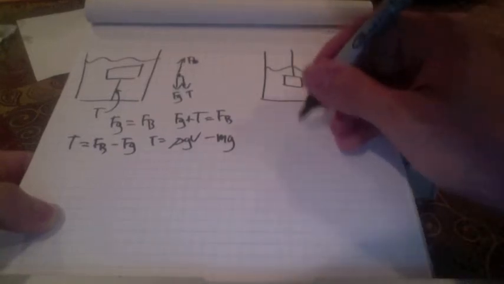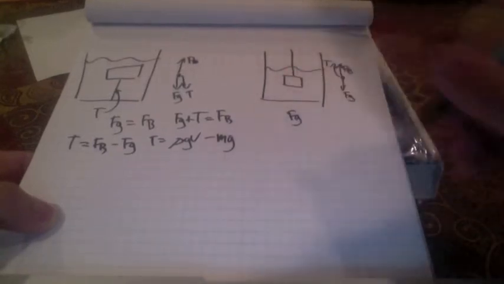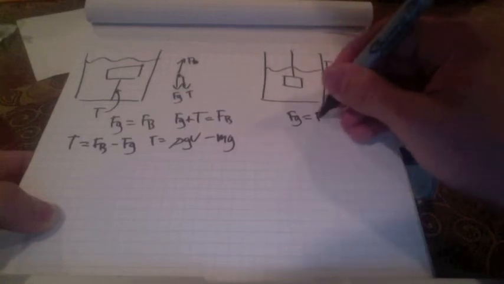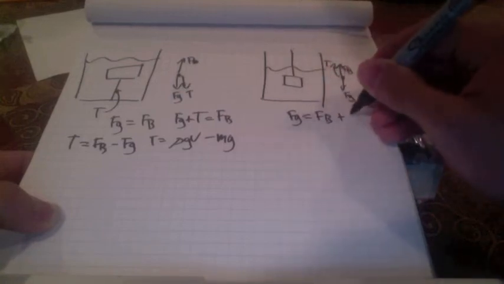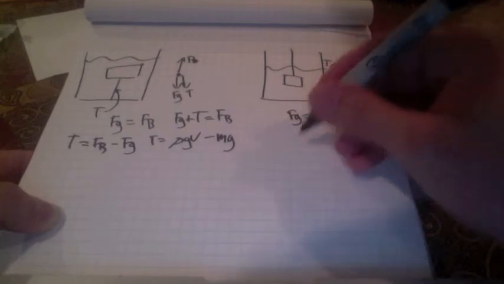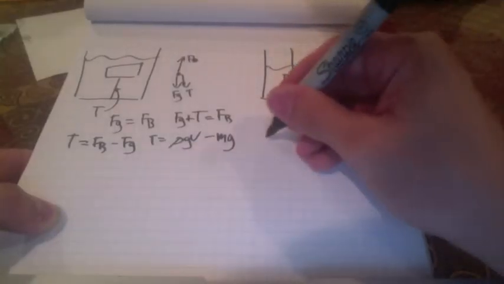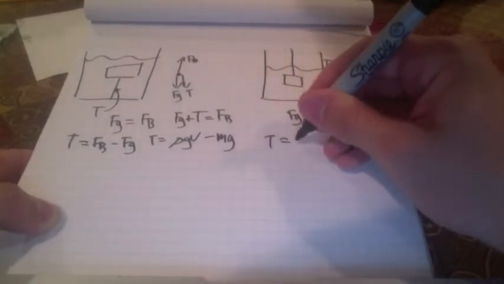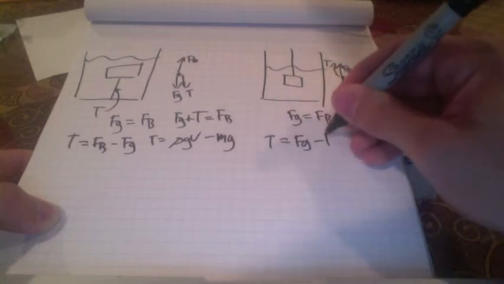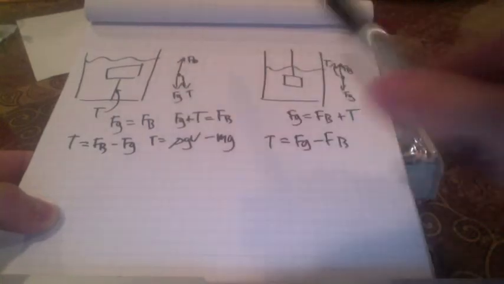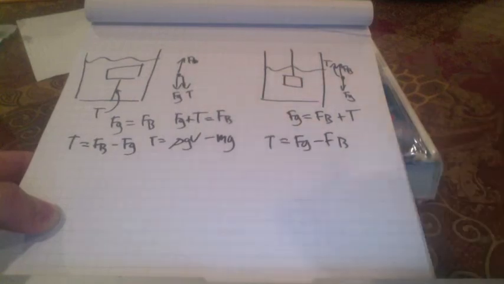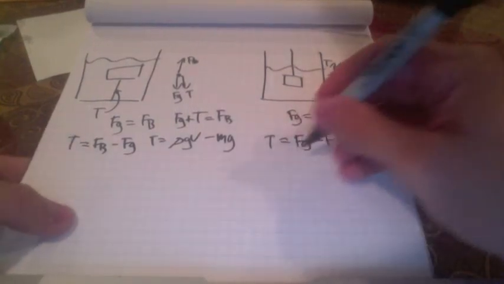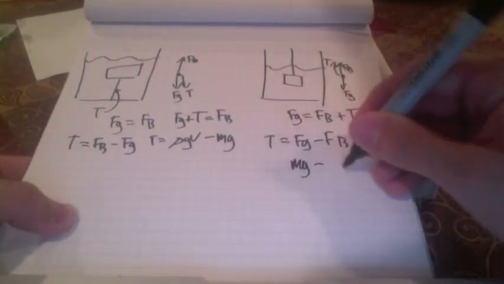So in this situation, we have Fg equals the buoyant force plus tension. Again, we're solving for tension, so we just move the buoyant force over. Tension equals Fg minus the buoyant force. So in these two situations, the equations just flip. We can expand them out again if you want to.